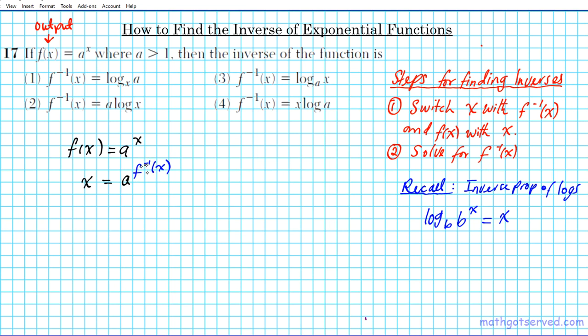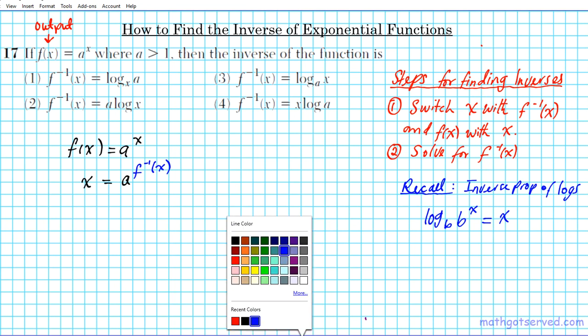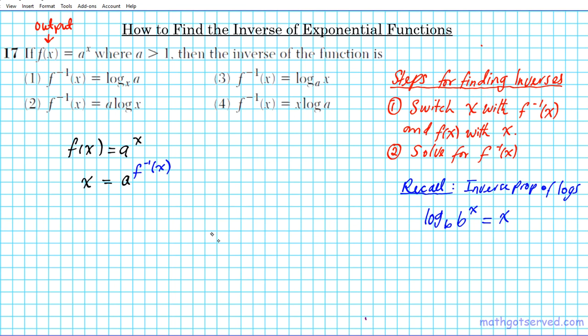So f inverse of x is an exponent. How do we power it down? What legal operation can we execute to bring this power down? Since we have an exponent base a, we simply use the inverse of exponent base a. The inverse of exponent base a is log base a.